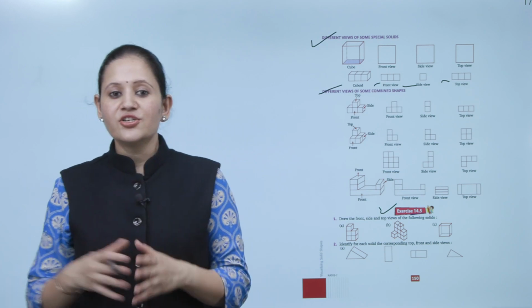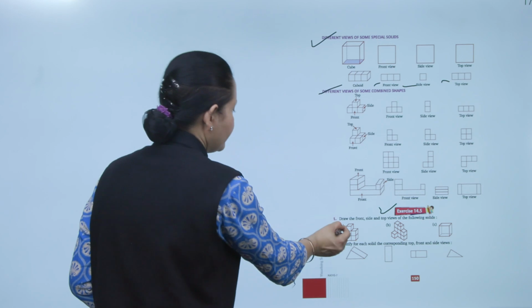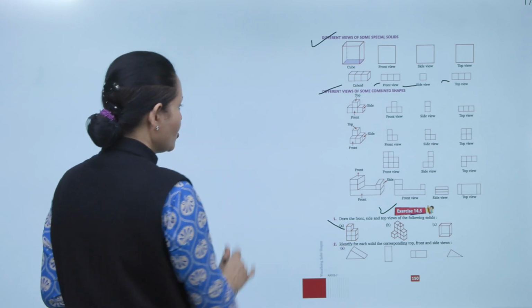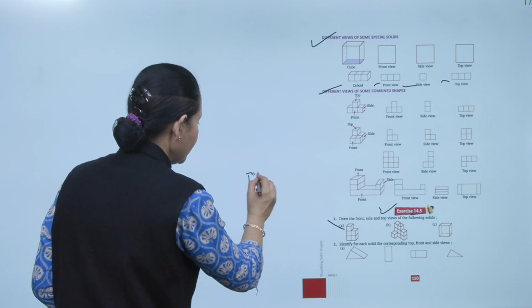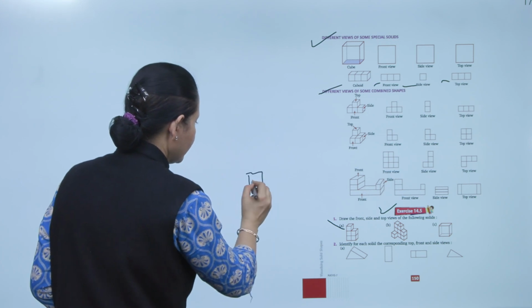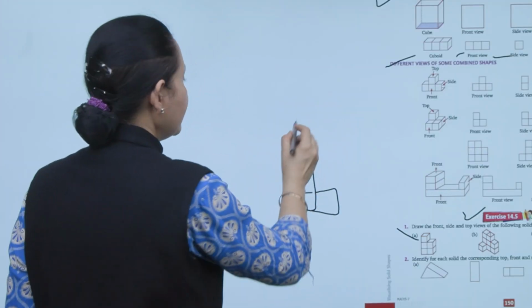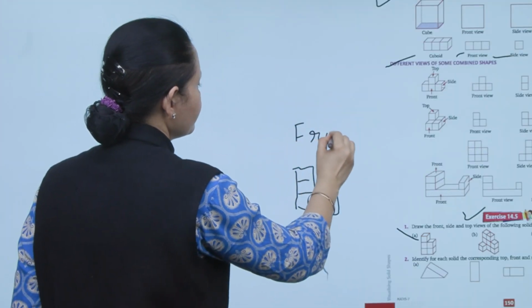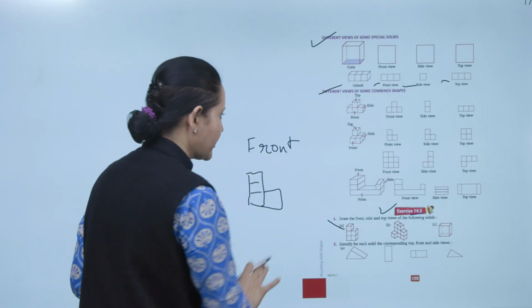Draw the front, side and top views of the following solid. If we talk about this, in front it will look something like this. That is the front view. In side view it also looks like this.